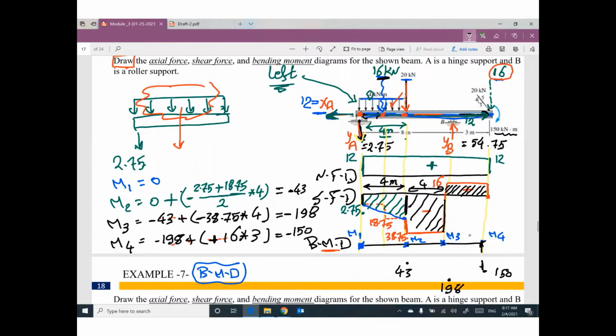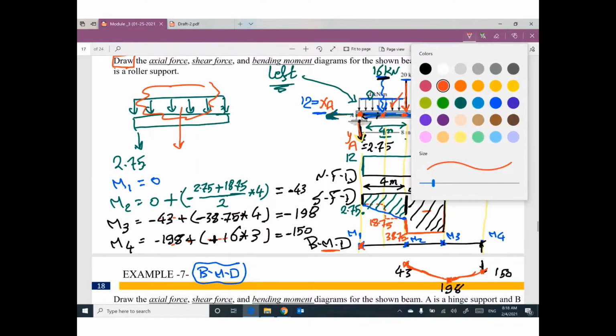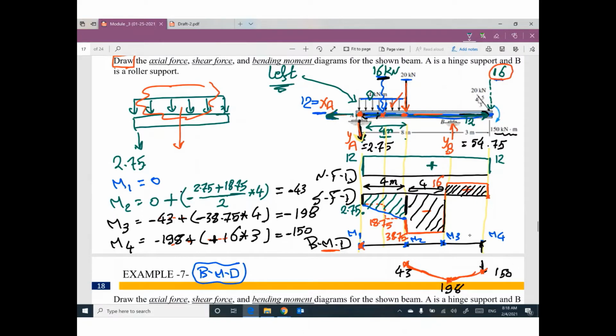Okay, we have four values: 150, 198, 43, and 0. Go ahead and connect between these values, but be careful. Between the two values at the beginning of the distributed load and at the end of the distributed load, we are going to draw a curve.